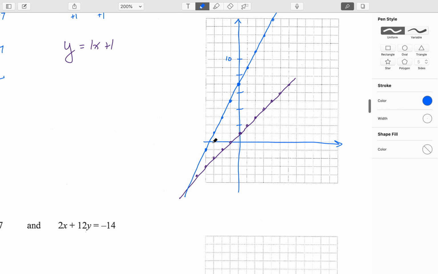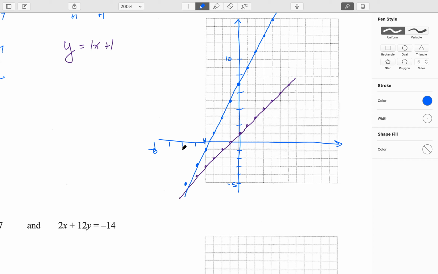So this is 1, 2, 3. This is minus 4, 5, 6, 7, 8. Minus 8, right? And this is going down 1, then down 3, and then down 5. So if I go 1, 2, 3, 4, 5, 6, 7, 8.